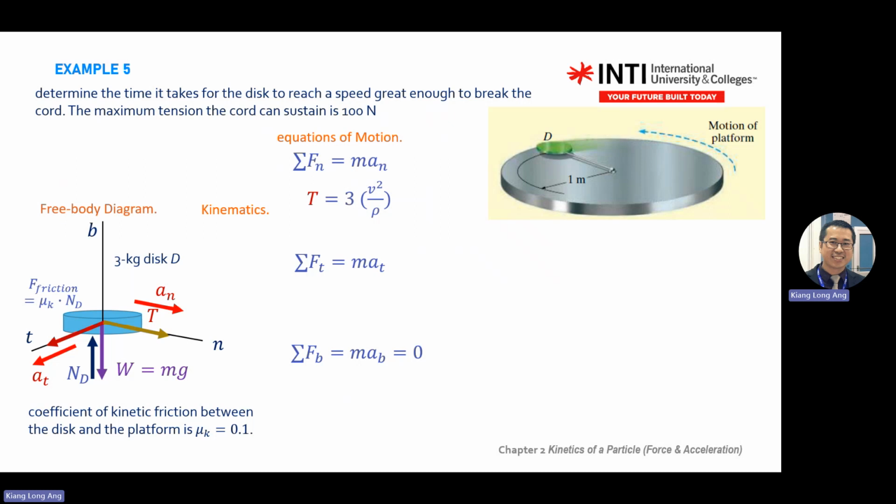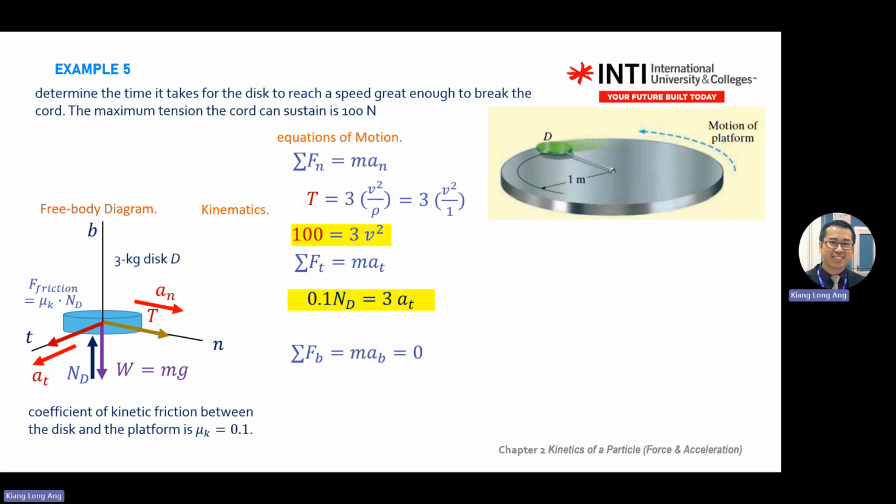You learned this in chapter 1 already. When you have normal acceleration, an equals v square over rho, and there's an equation to calculate the rho. If the rho is not given, you need to integrate 2 times to find the value.